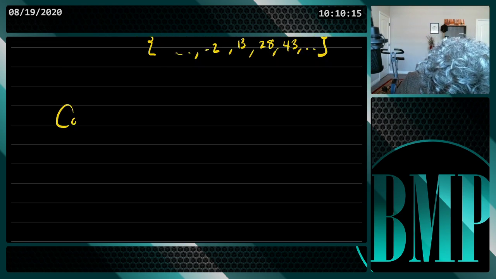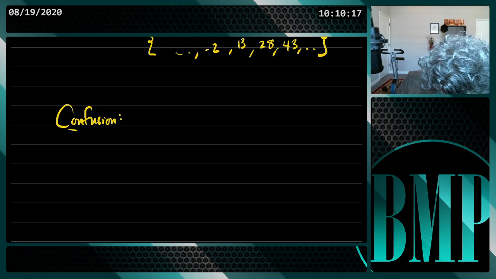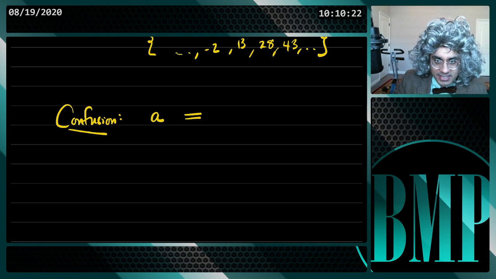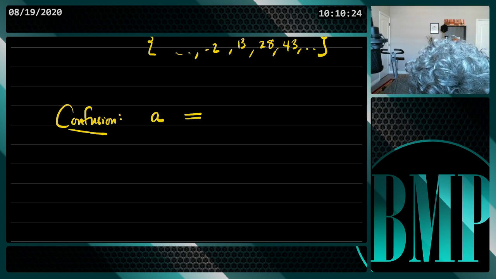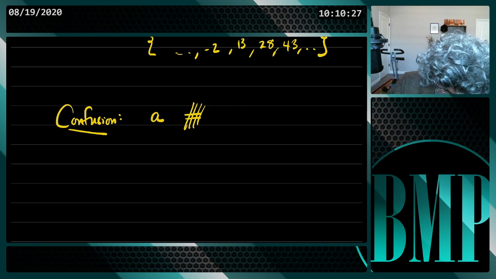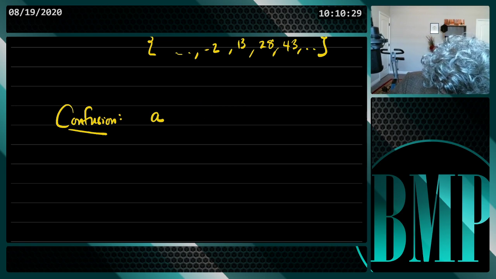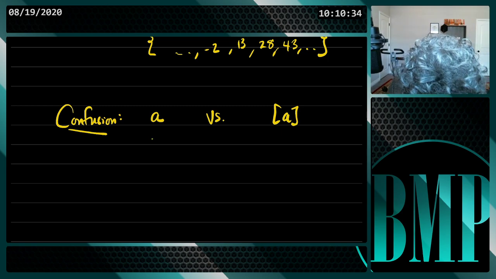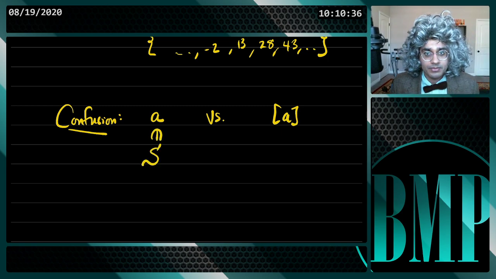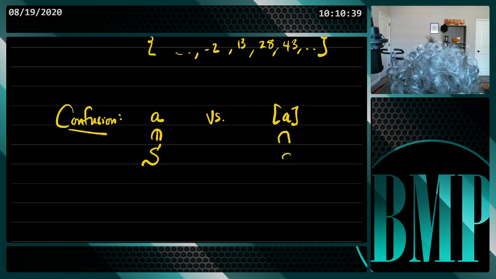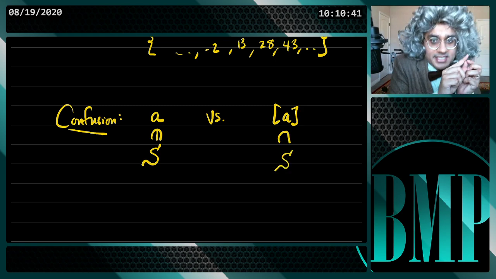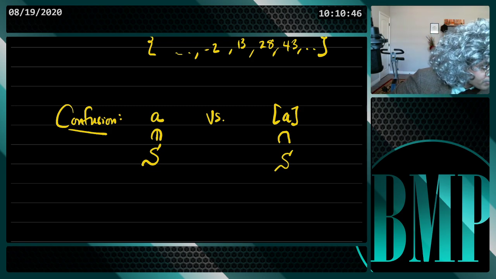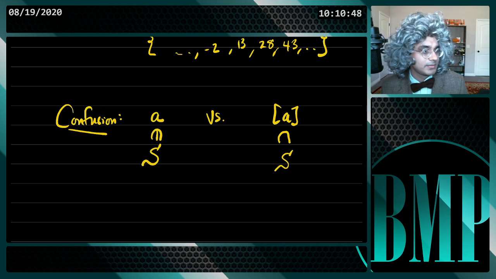So the confusion is simply that these are apples and oranges. These are not the same. A versus the equivalence class of A. One of these is an element of the set. The other is a subset of the set. And it's the set of all things that are the same or equivalent to a given thing, given thing A.